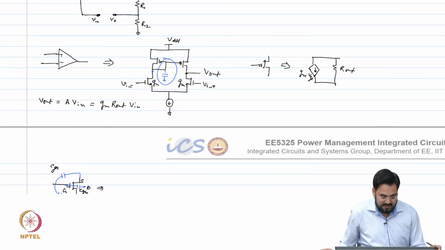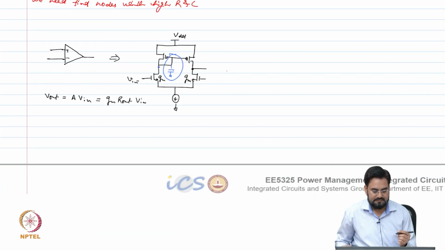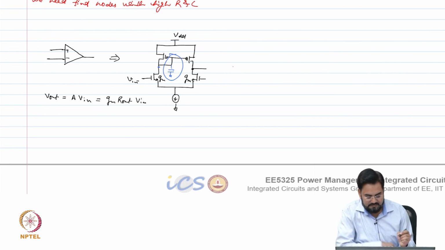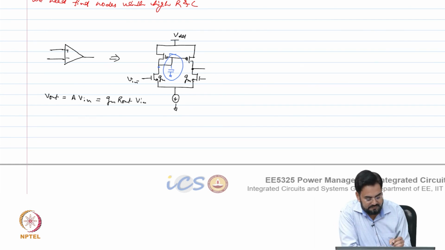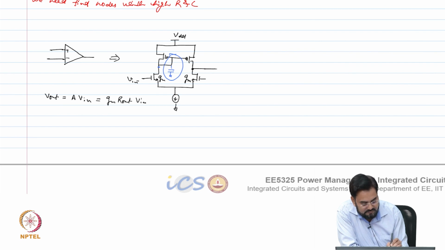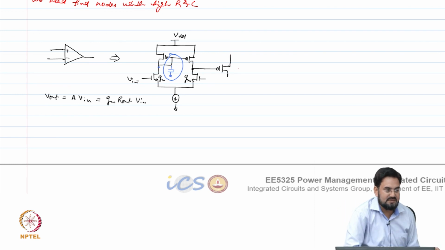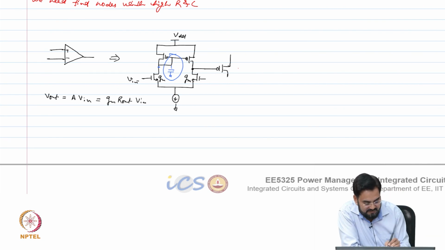So, this was our diff pair. And what I have at the output of this is a P transistor, which was your pass transistor or the output power FET, which is driving your R load.